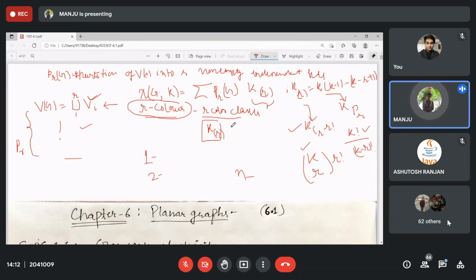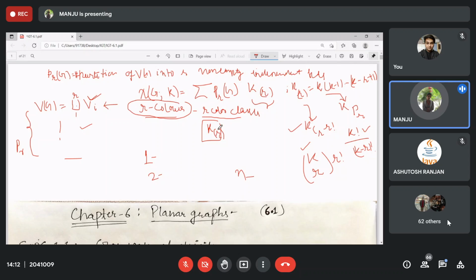So this k sub r represents that: we need R number of colors from the given k colors. That's why it is kCr into r factorial. Why this r factorial? Because we can swap these, as the vertices, or the sets, are not the same.